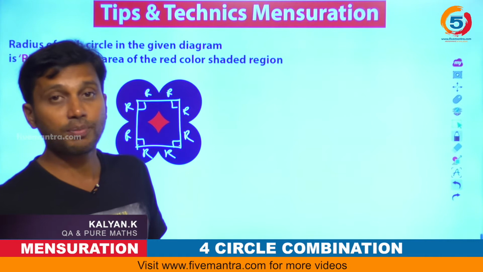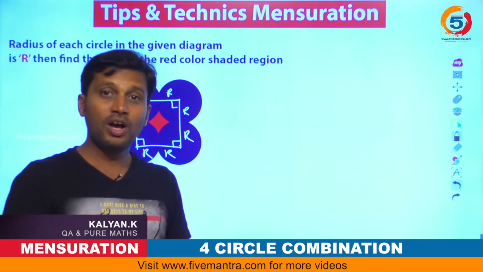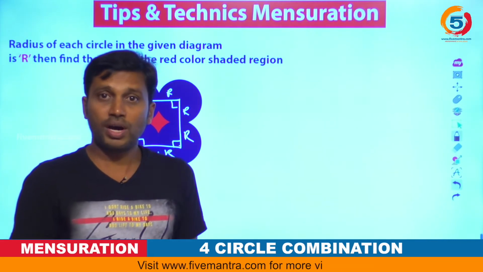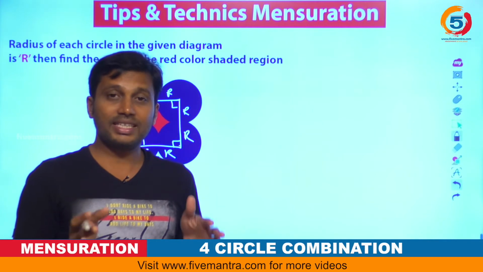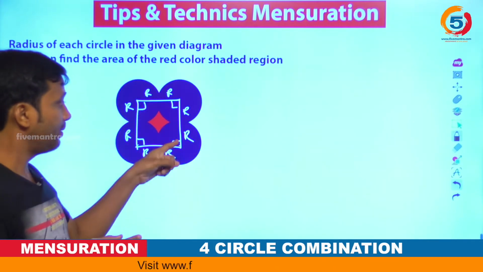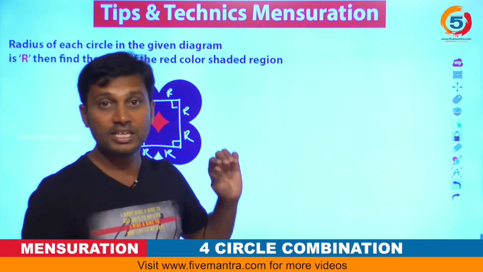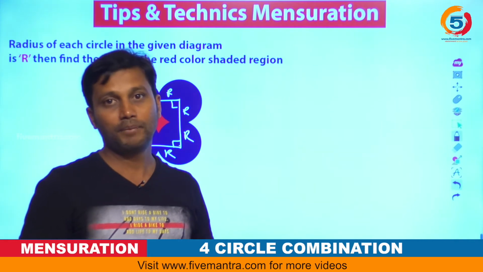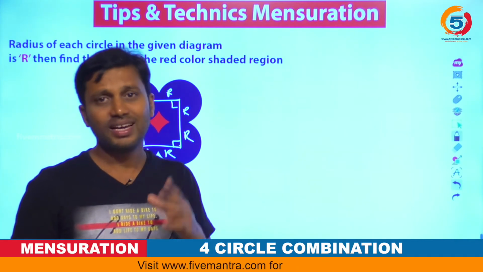So what figure is obtained? All angles 90 degrees, all the sides are equal, each side is 2R. So the figure obtained while joining the centers is a square.